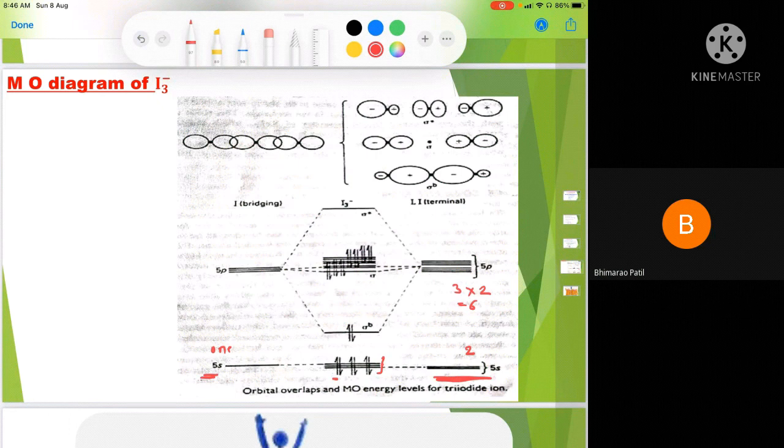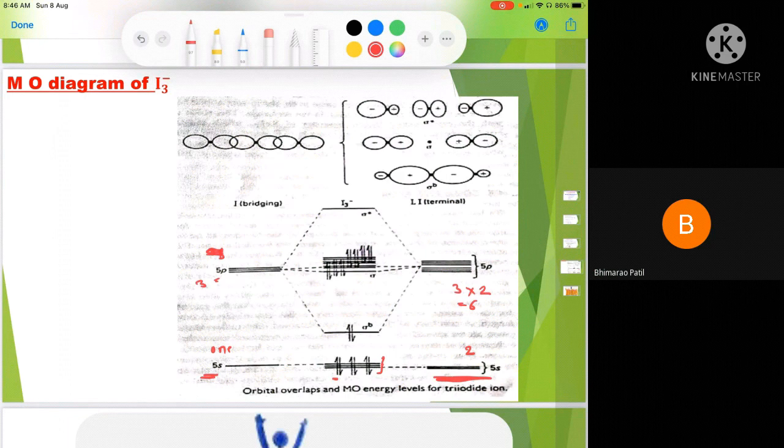And here, 3 5p atomic orbitals, keep in mind, 3 means how many p atomic orbitals are present in a p shell? 3. Therefore 3 5p atomic orbitals from the bridging iodine atom will combine to form molecular orbitals.